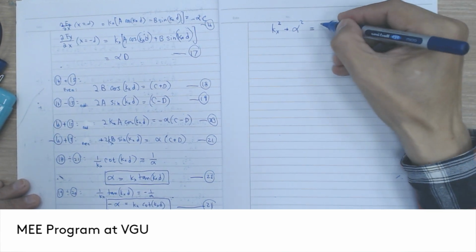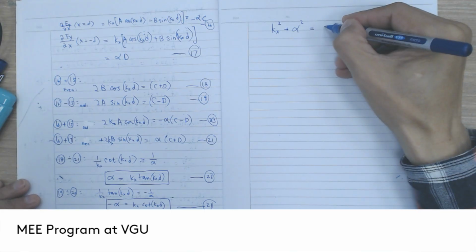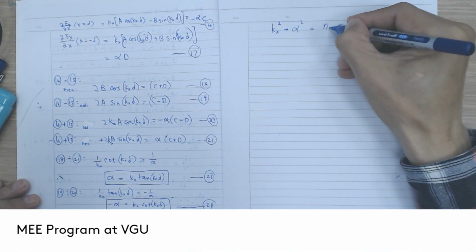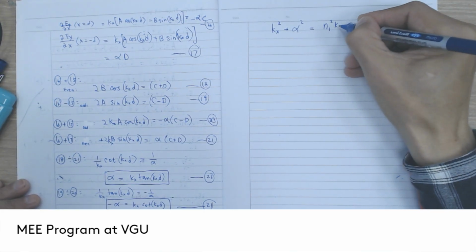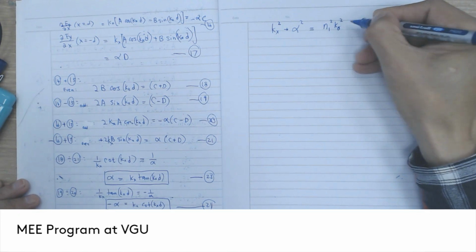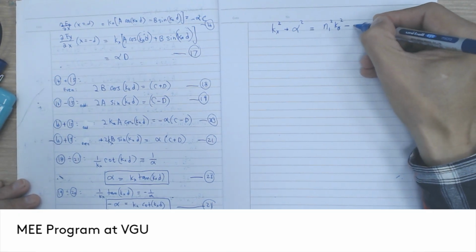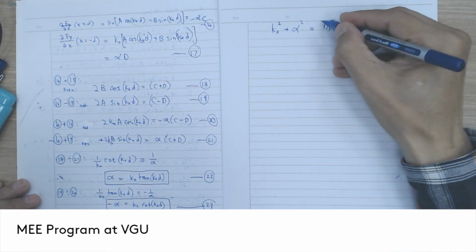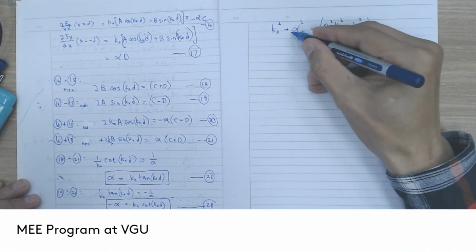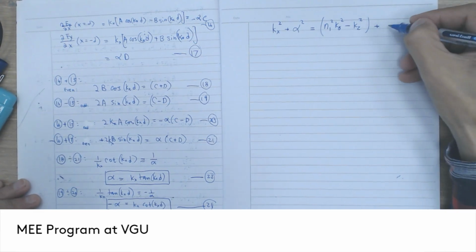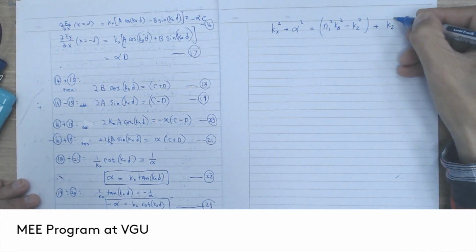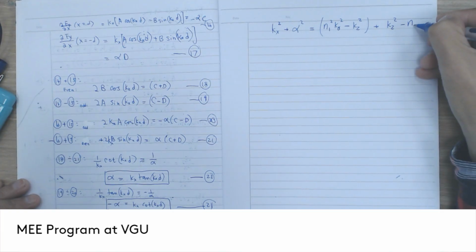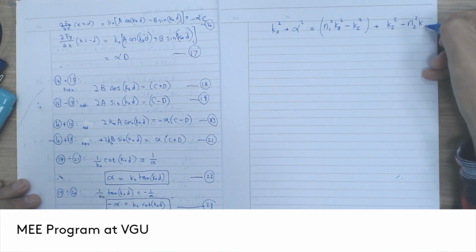Kx squared is equal to n1 squared k0 squared minus kz squared, and alpha squared is kz squared minus n2 squared k0 squared.